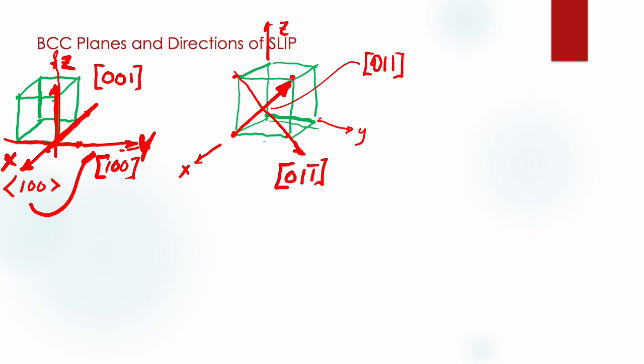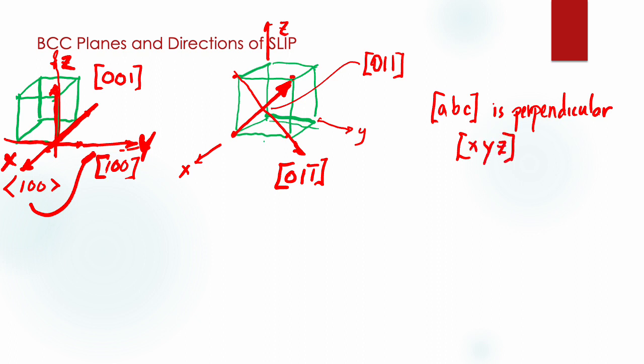Now there's an identity that says that the direction [a, b, c] is perpendicular to the direction [x, y, z], those are all digits, if a times x plus b times y plus c times z equals 0.